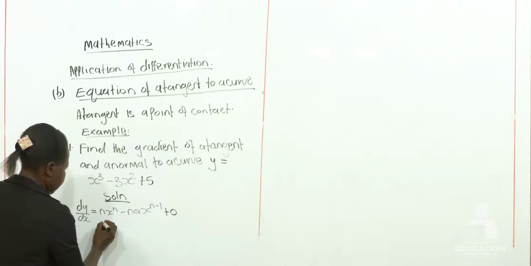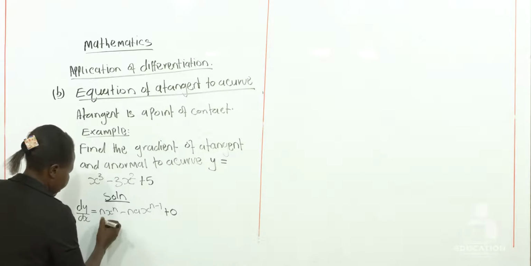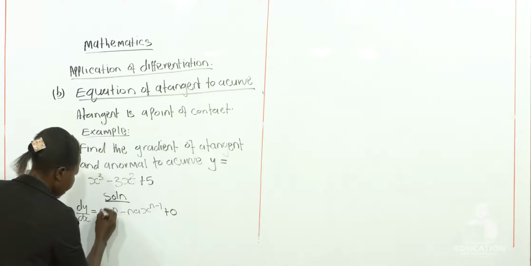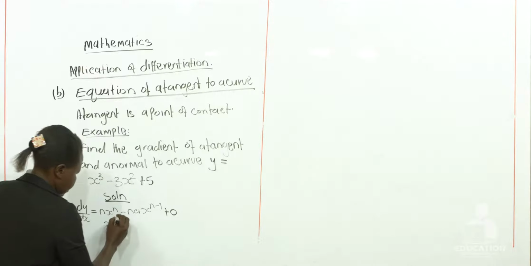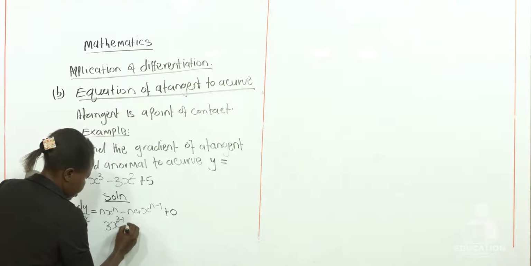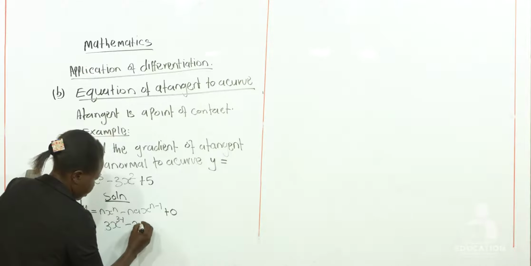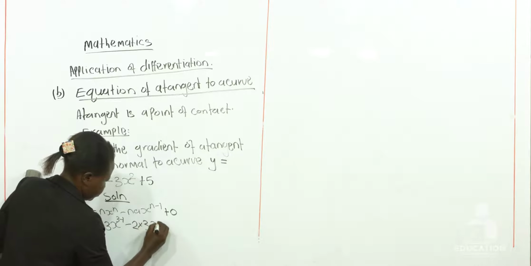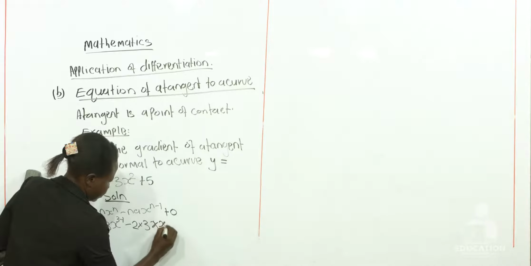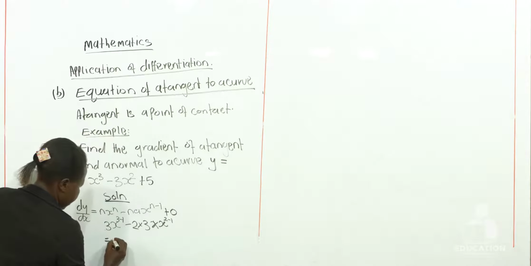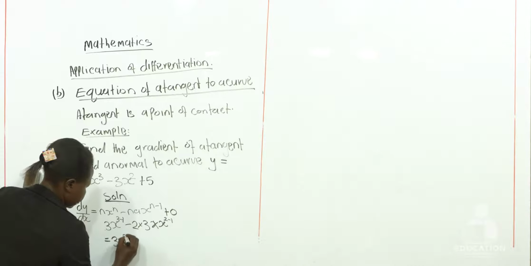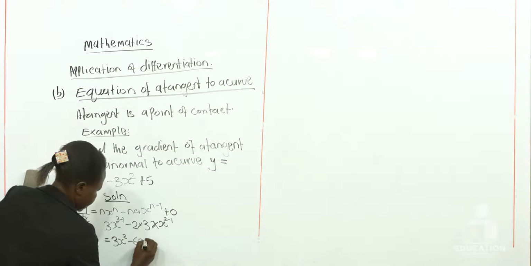When we substitute, we get 3 times x raised to 3 minus 1, minus 2 times 3x times x raised to 2 minus 1. So we find that our answer will be 3x squared minus 6x.